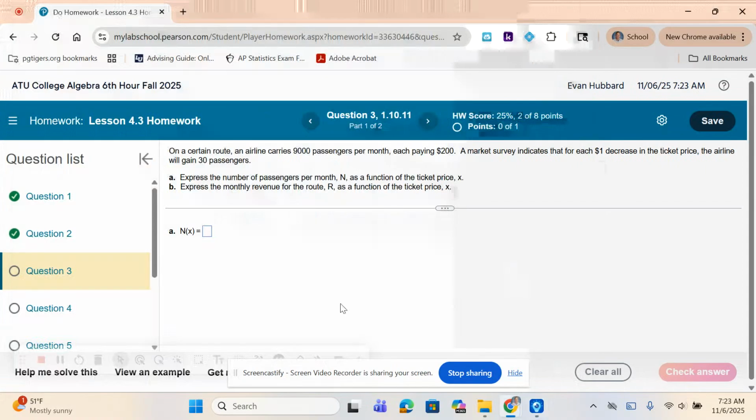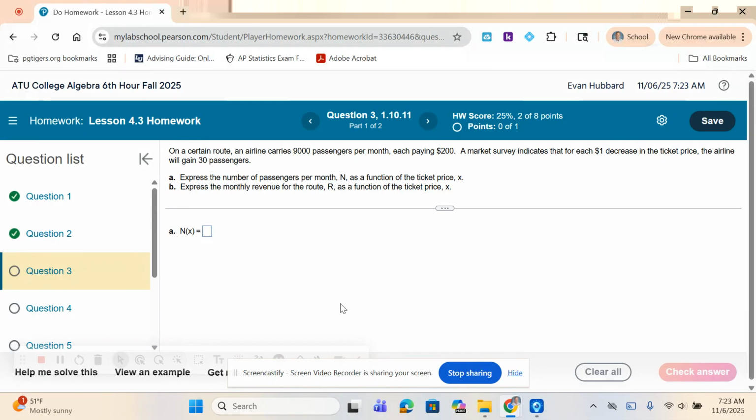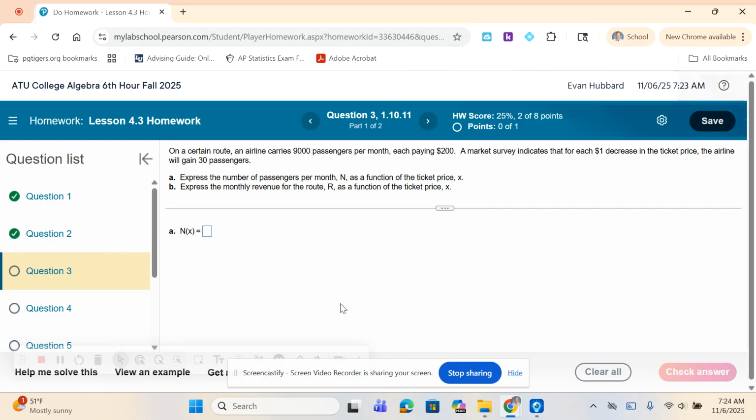Okay, and we could simplify this because I'm decreasing the ticket price here. So 9,000 plus 30 times 200, 6,000 minus 30x.